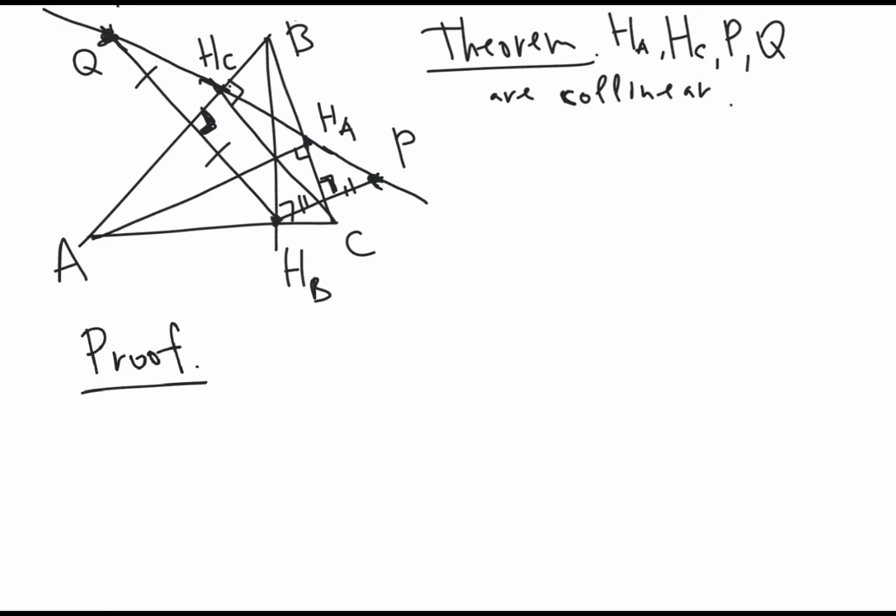I will prove that one of these points, let's say Q, lies on the line H_A H_C, and the proof for P would be similar, so there is no need to consider both of them separately.